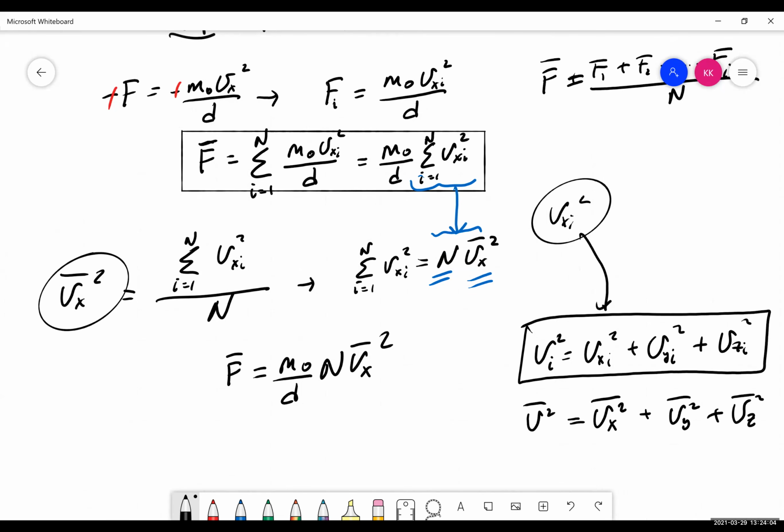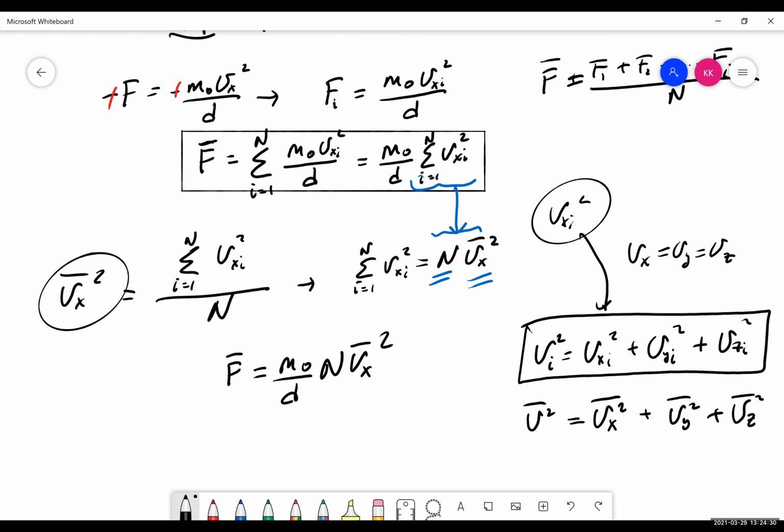Now, one thing we can do here is make an assumption, one that technically can be made in this type of case, where we say that all the speeds are the same regardless of direction. That means Vx is technically the same as Vy, the same as Vz.